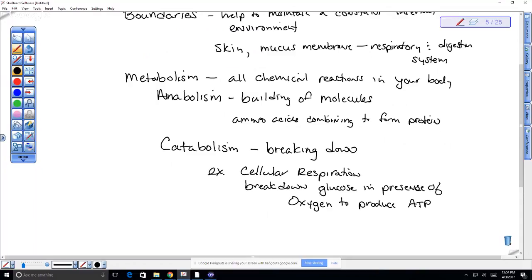But remember, if you think about glucose, we said C6H12O6, right? We combine this with 6 oxygen. And what is the byproduct? What do we breathe out? We take in oxygen, we inspire oxygen, and we expire carbon dioxide, right?